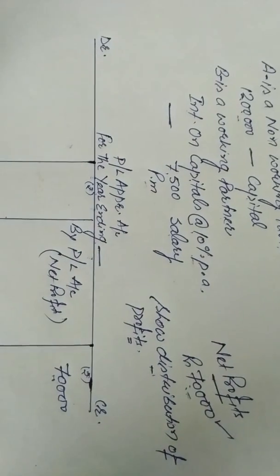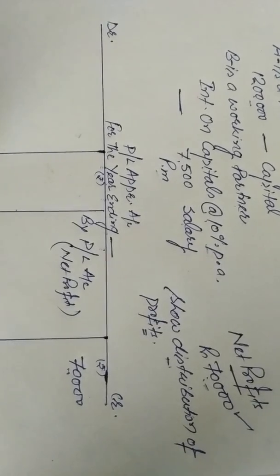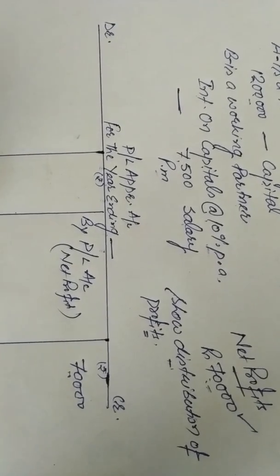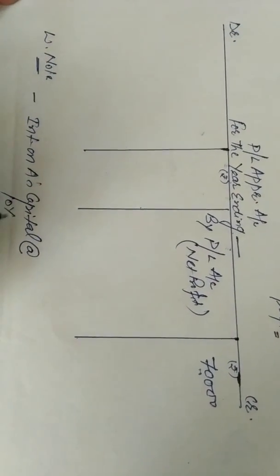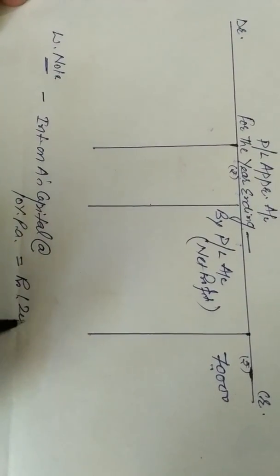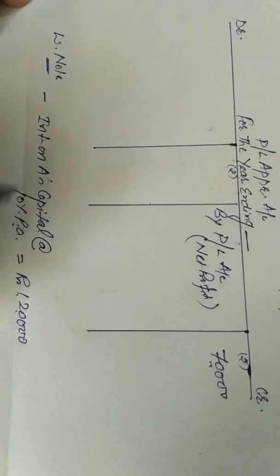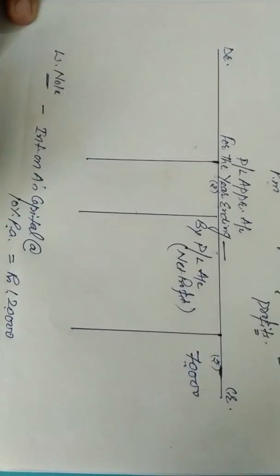Now, if we see in the working notes, the interest on A's capital at the rate of 10% per annum will be rupees 1,20,000. 10% of rupees 12 lakh will be rupees 1,20,000.